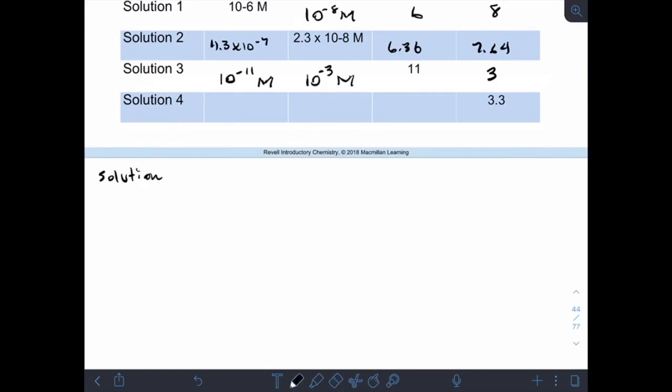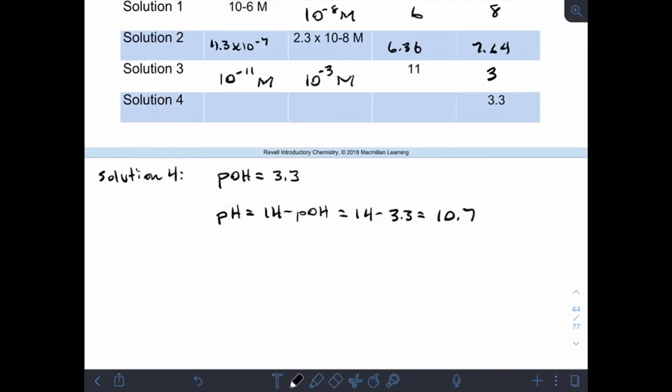All right. So let's look at our last one, our solution 4. And there we're given the pOH of 3.3. Okay, so the easiest thing is to go right to the pH. Say pH equals 14 minus the pOH. 14 minus 3.3 gives us 10.7.